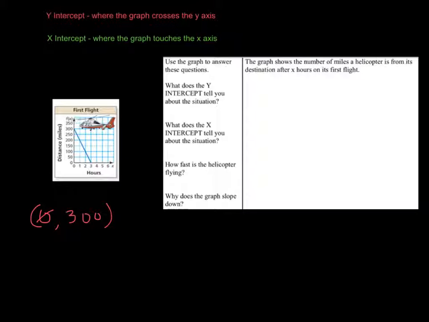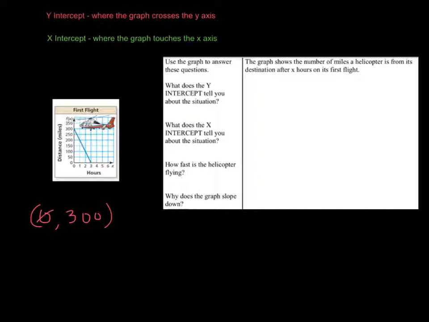Now, I want to think about what does that mean? Well, I know that x is the number of hours in the flight. So at 0 hours, well, that means I haven't started yet, right? I haven't taken off. I know that I am 300 miles from my destination because that's what this told me.